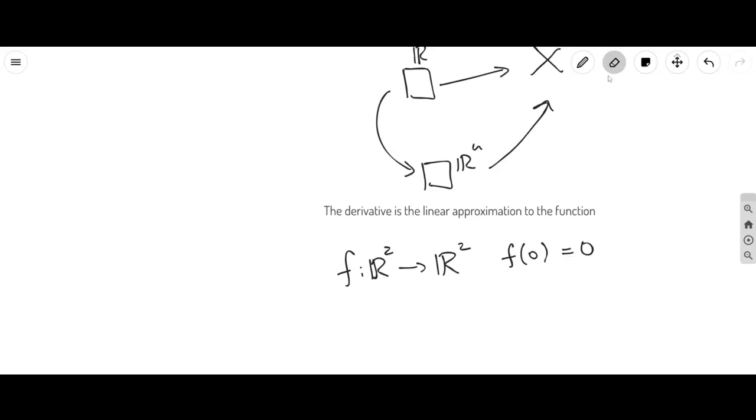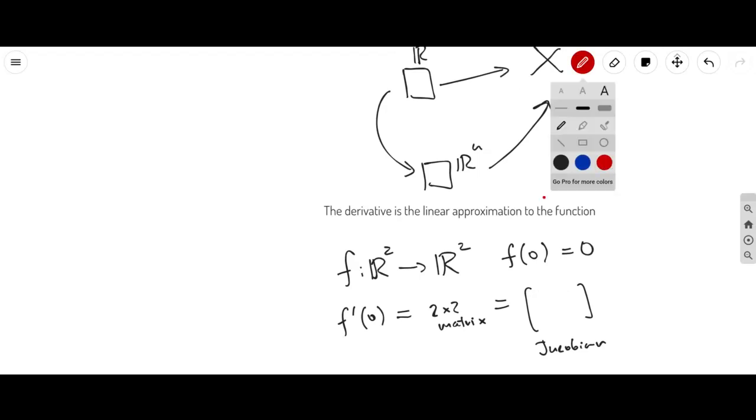So if this is satisfied, then the derivative of the function, f prime at the origin, has to be a matrix. This has to be a 2 by 2 matrix, because you want to get a linear function, and the linear function would be described by a matrix. Here the matrix, I assume you've seen this before, is what you call the Jacobian matrix, where you take the partials of your function.